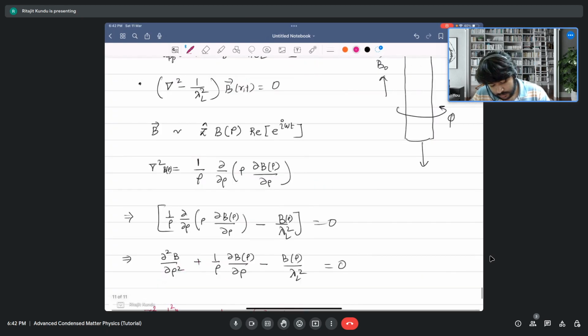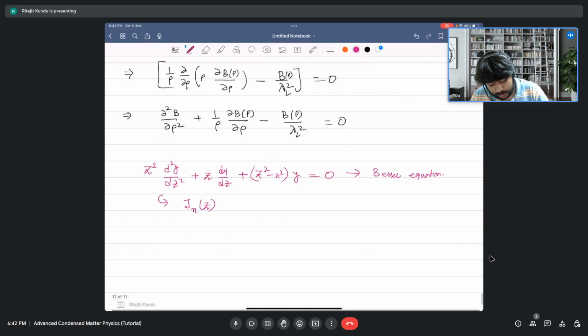So this is called Bessel's equation, and there is something called a modified Bessel function, for which we have just a sign difference. Let me write that.